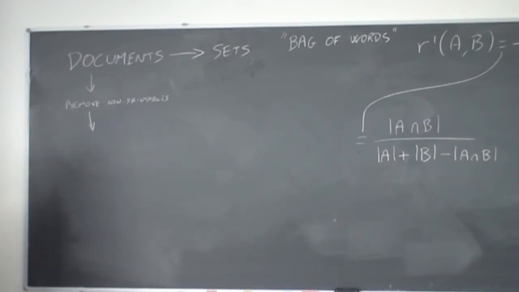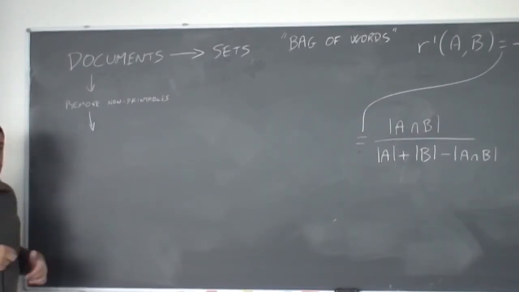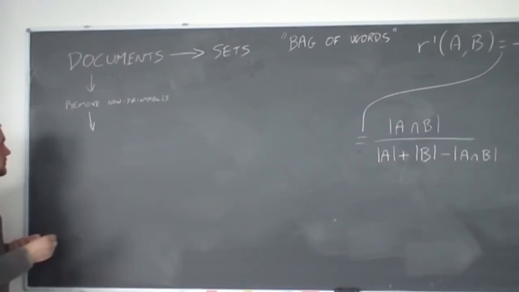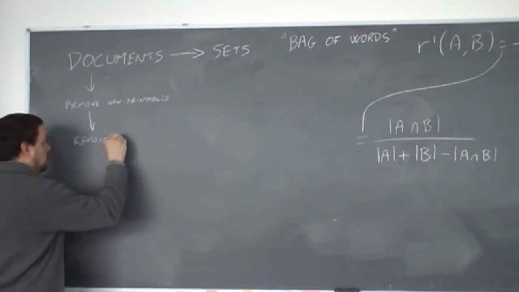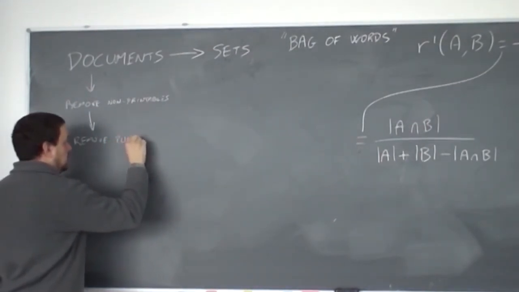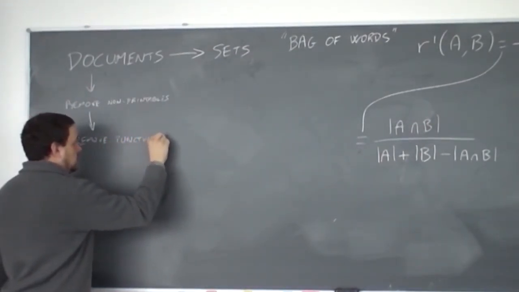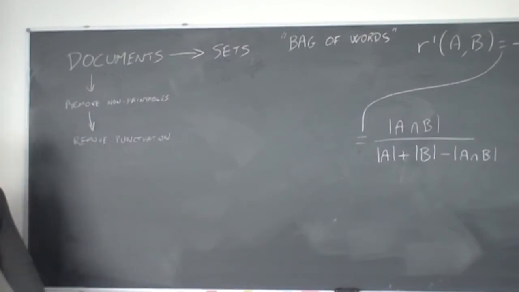Second, remember that you are not interested in the relationship between words, how they are ordered and so on. You can remove punctuation: stops, commas, colons, semicolons, and so on.